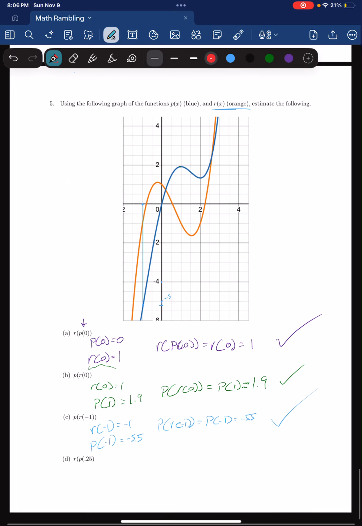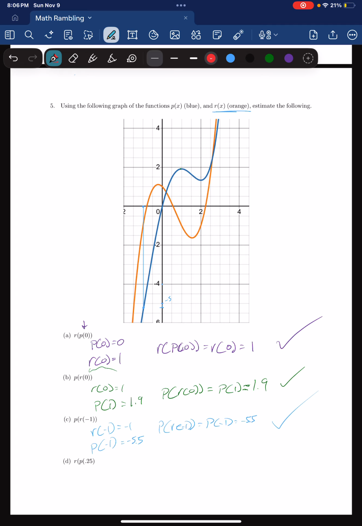And you know what? If you got things like slightly different, that's good. Maybe it's not good. It depends on how slightly different. If you said for that one -5.4, that would be okay. If you said -5.6, that would be okay.